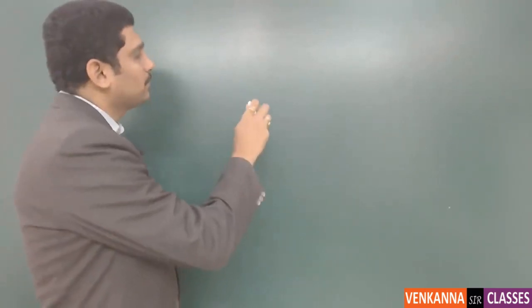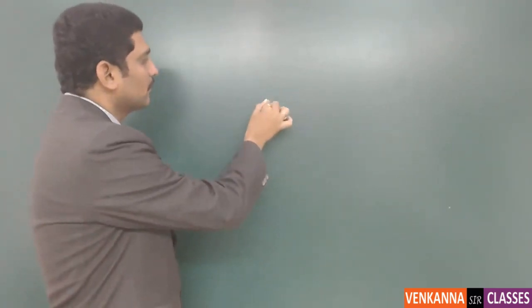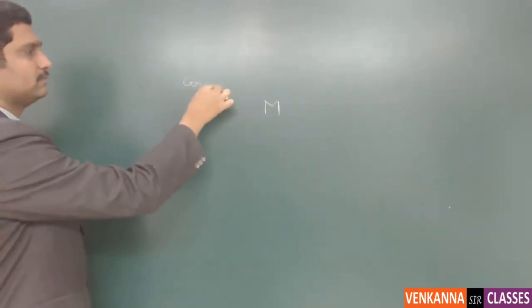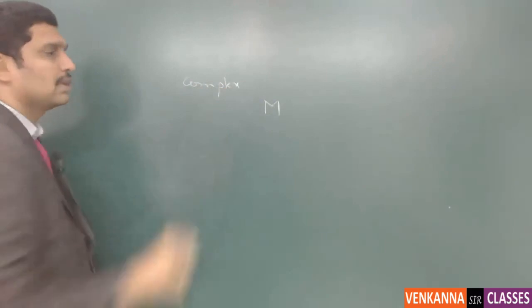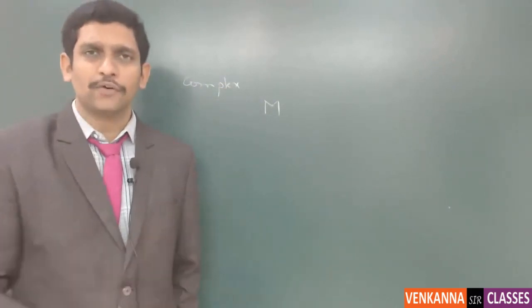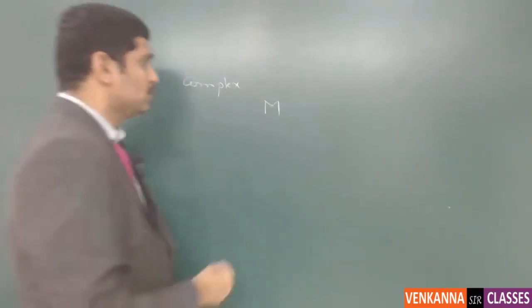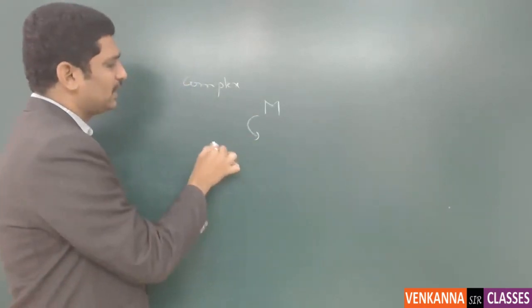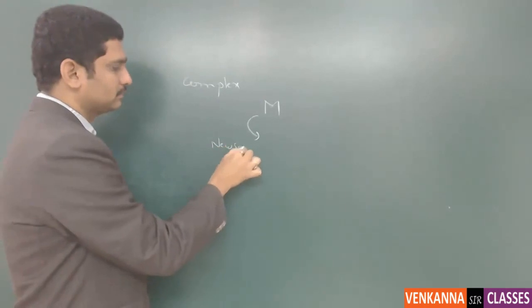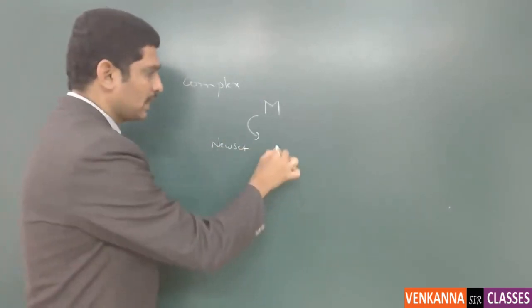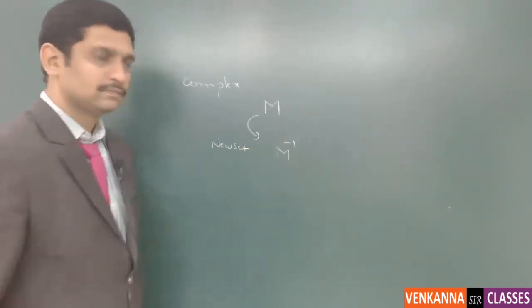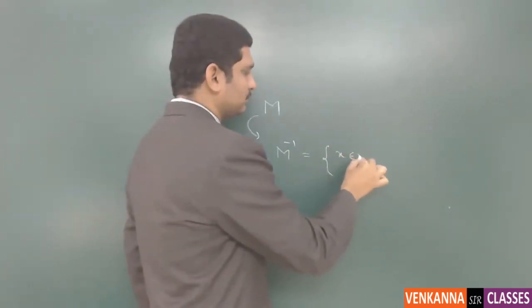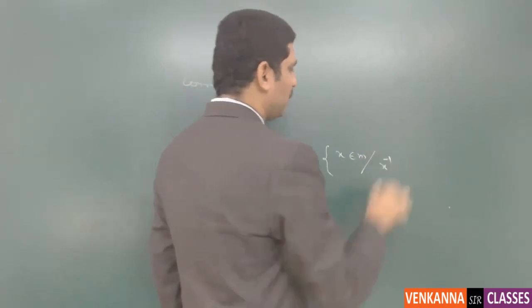So, I will say, let me say M is a complex, nothing but a subset of a group. So, for this set, I am defining a new set, M inverse, such that for every element x, x inverse will belong here.